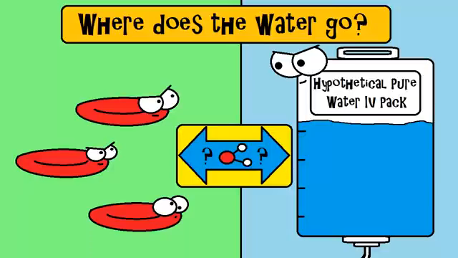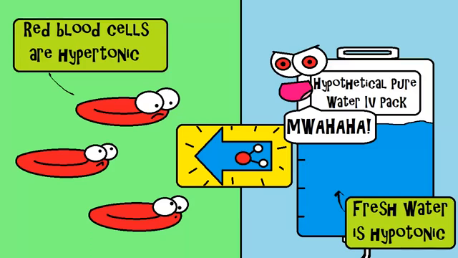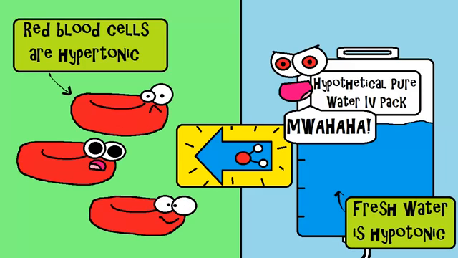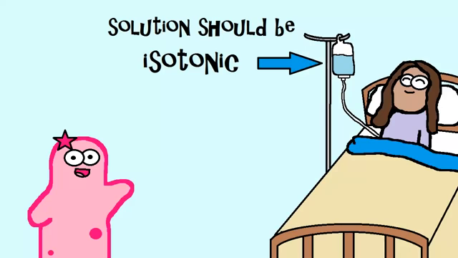Remember, it goes to the area of higher solute concentration. So it's going to go inside the cells. The cells are hypertonic compared to the water in the IV tube because the cells have a greater solute concentration. The cells would swell with water and possibly burst. Exploding red blood cells are not fun. If a person needs fluids, they typically receive a solution that is isotonic to their blood plasma.